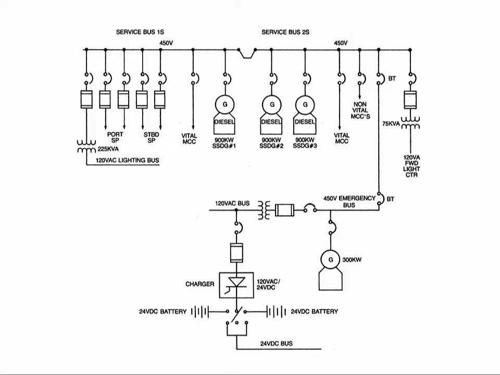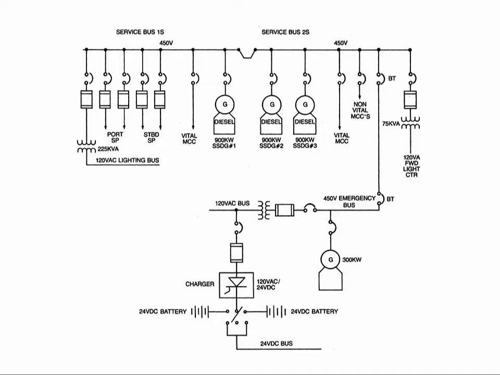It tells you where it's going to: a vital motor control center, non-vital motor control centers. You have a transformer that's reducing the voltage from 450 volts down to 120 volts for your lighting system.